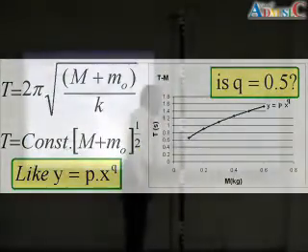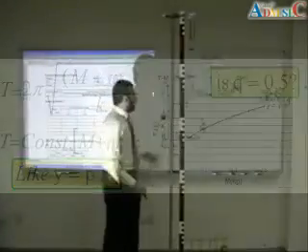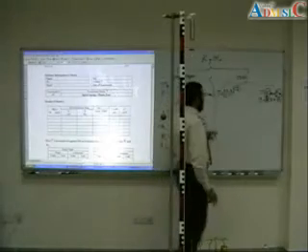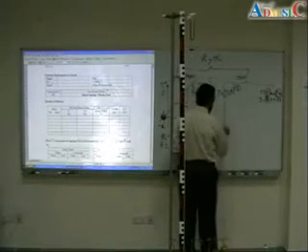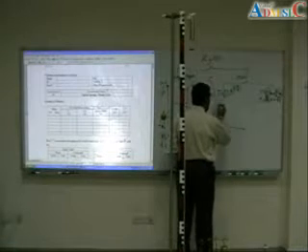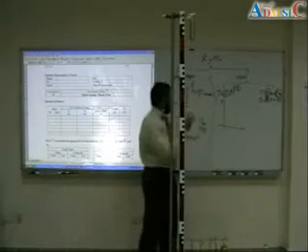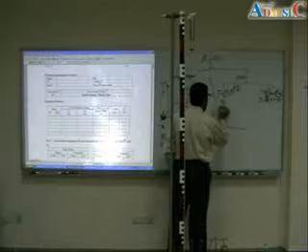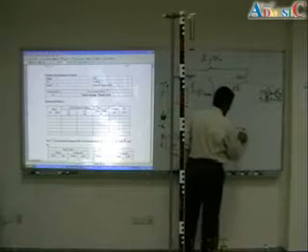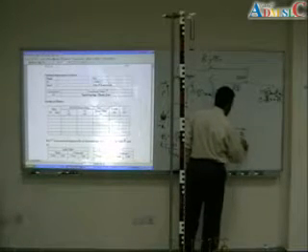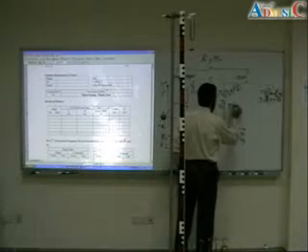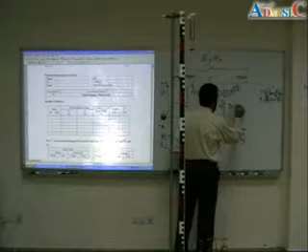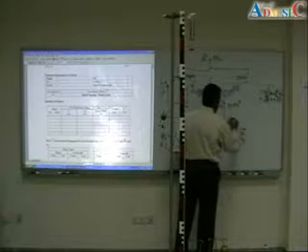Actually, I prepared the ready-made Excel to check the values of this and to check the percentage error of this. So here you should plot between T, not T squared, between T in seconds and m in kilogram. Okay, you will get some equation like y is equal p x to the power q.